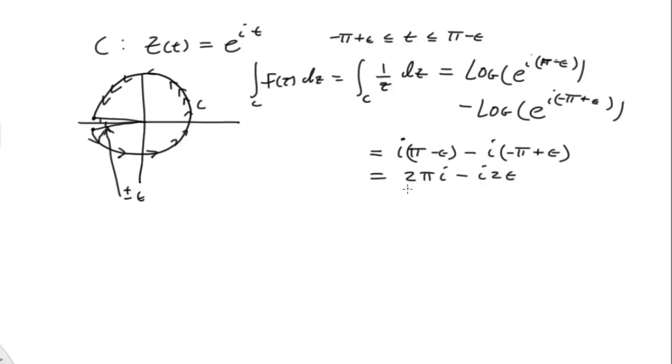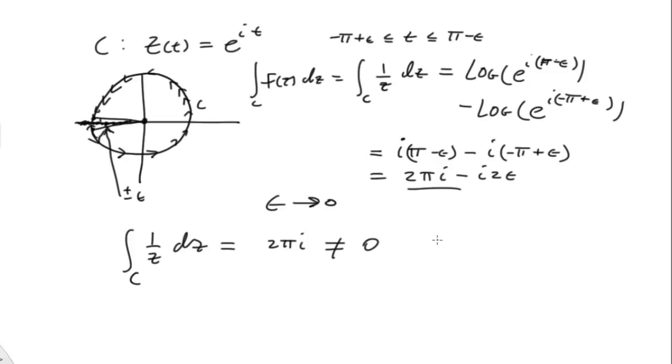And we can see that we have this 2 pi accumulation. As I get this contour to come closer and closer to that branch cut from the top side, and this side to come closer and closer to the branch cut from the bottom side, as epsilon goes to 0, the integral over this closed path of 1 over z dz, which encloses the origin, is going to be equal to 2 pi I. And of course this is most certainly not 0.